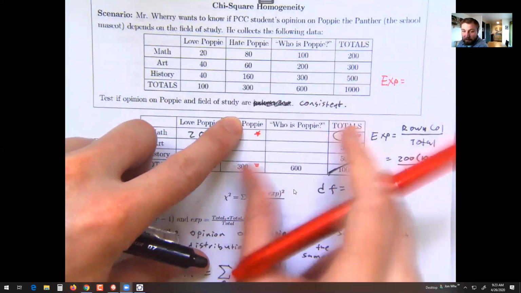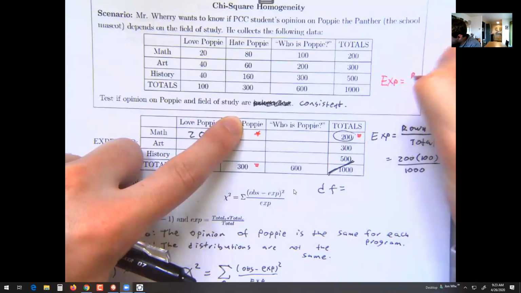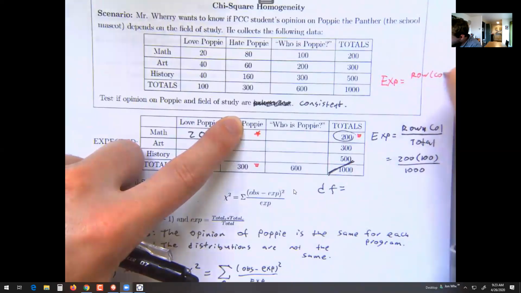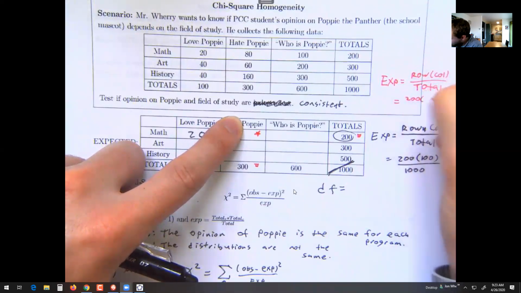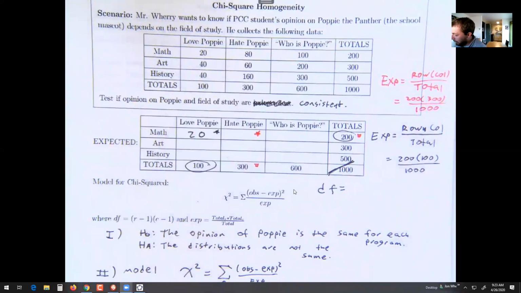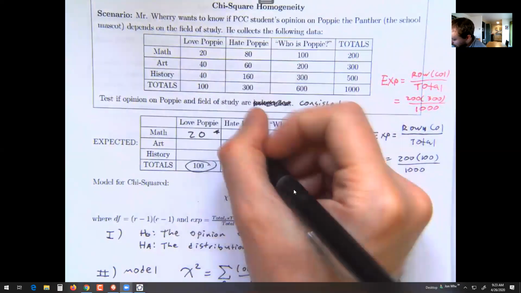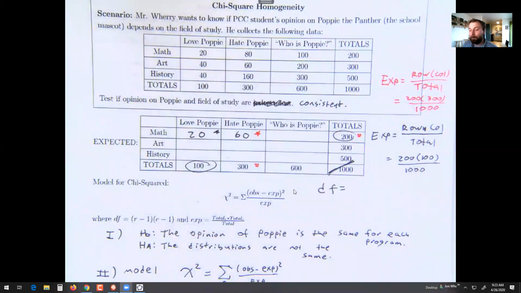I multiply these numbers. And I'm going to divide it by the overall total. So I'm doing row times column over the overall total. I have 200 times 300 divided by 1,000. When I type this into my calculator, I again get 60, as it kind of looked like it should be.